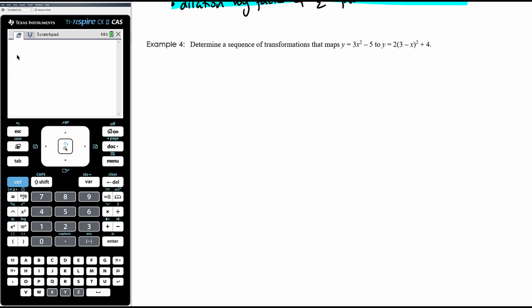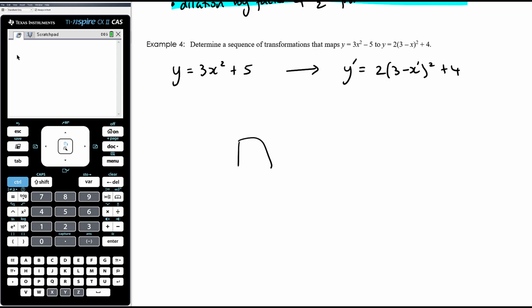The process is identical. We are going from y equals 3x squared plus 5 to y equals 2 times (3 minus x) squared plus 4. This is the image. Be clear about which one's the image, which one you are going to, and then we want to get them in the same shape. They're quadratic functions, so we want something to do with y dash equals something to do with x dash all squared.